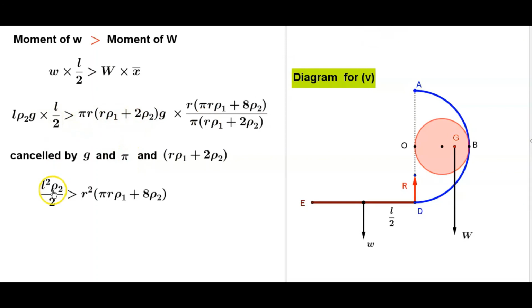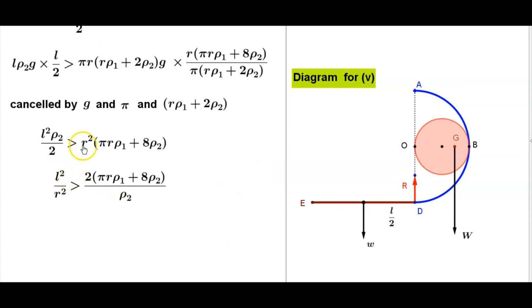Therefore, the left hand side is L squared rho 2 over 2 greater than, this one cancel, r into this one, r squared into pi r rho 1 plus 8 rho 2.